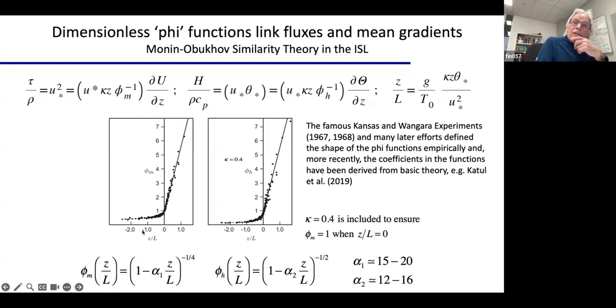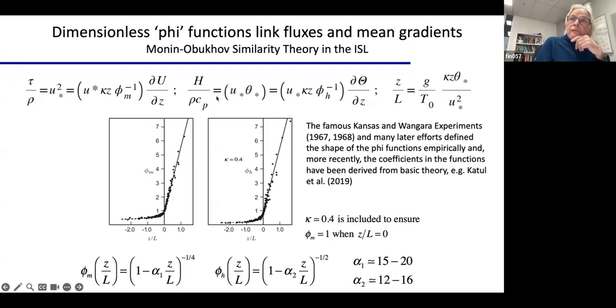So the extra mixing caused by buoyancy increases the rate at which momentum is transferred down the velocity gradient. And on the stable side, things go in the other direction. Phi m becomes larger than 1, so the diffusivity becomes smaller, and stability quenches the mixing power of the turbulence.